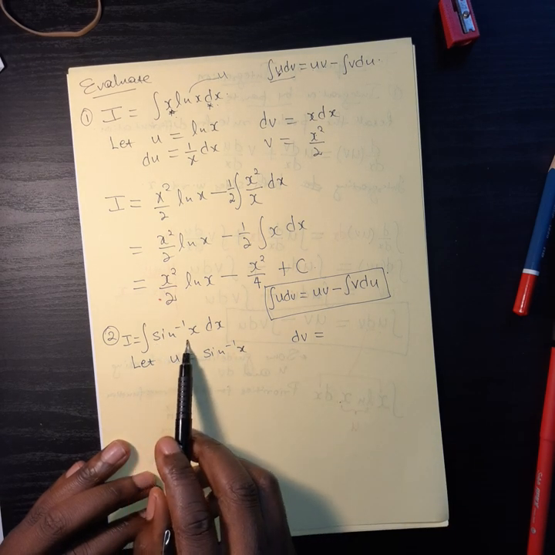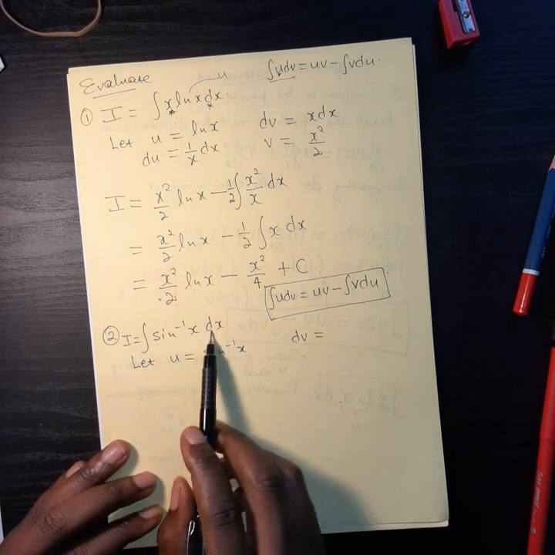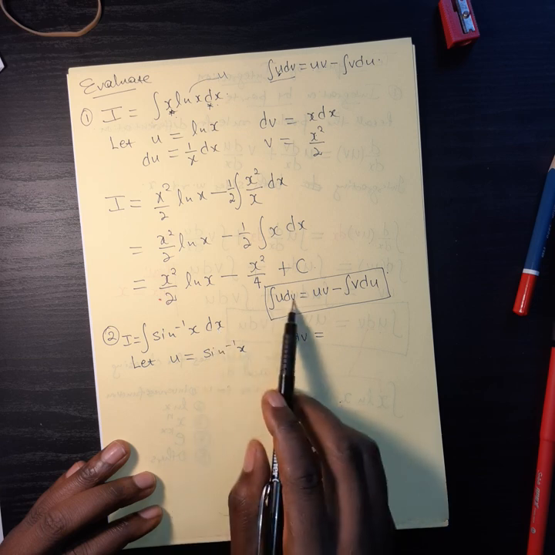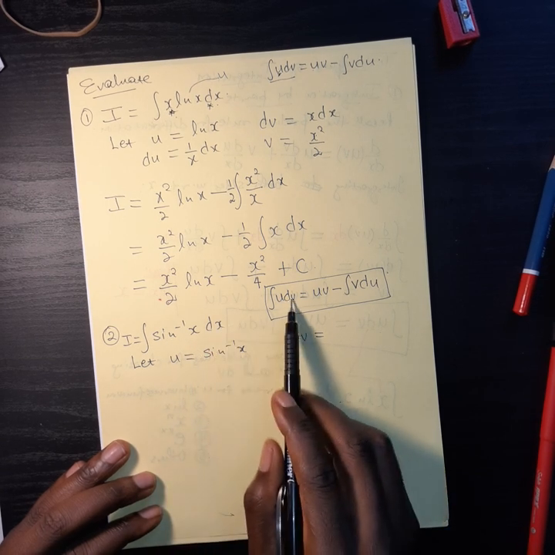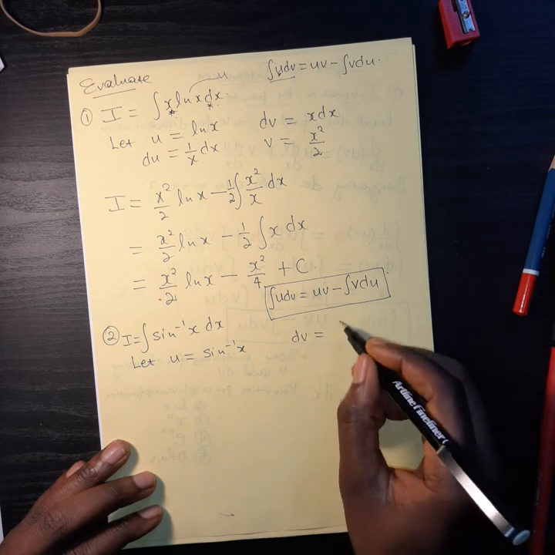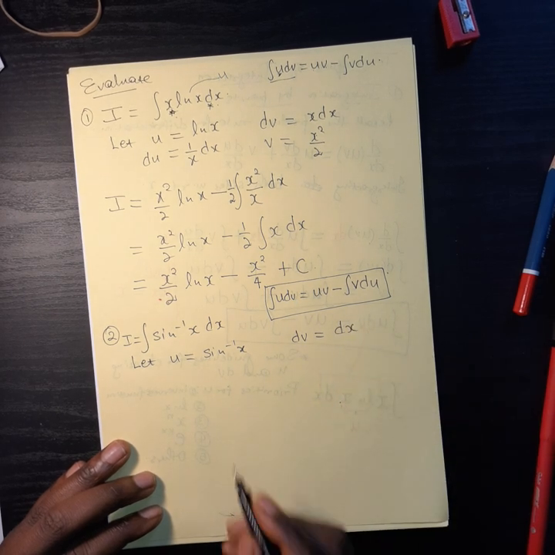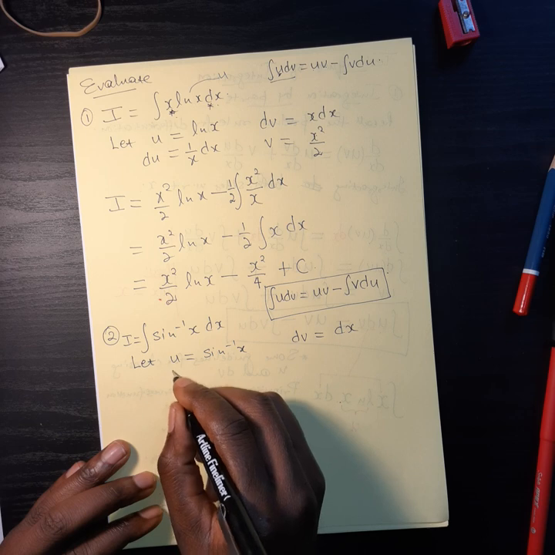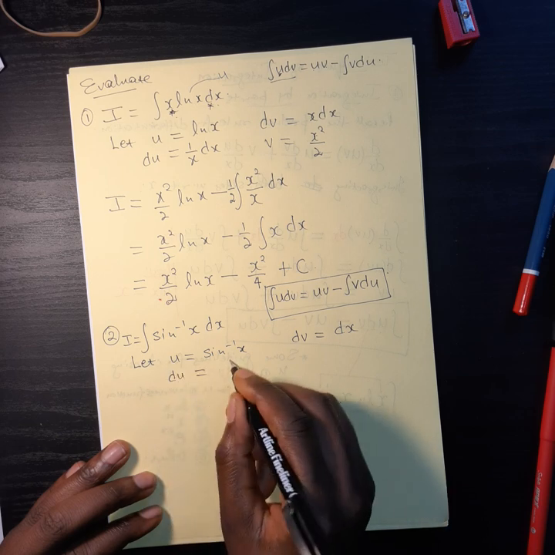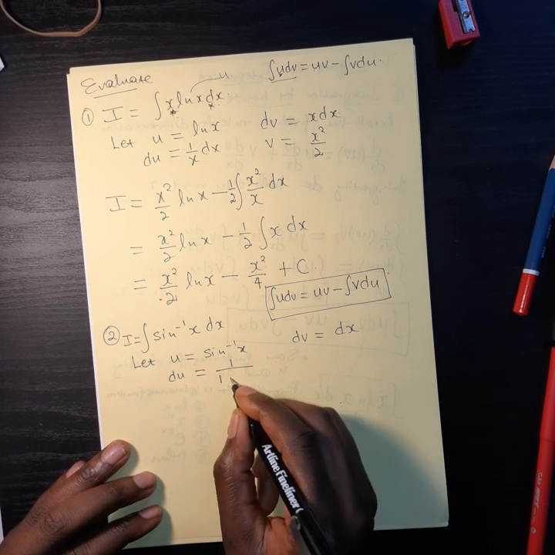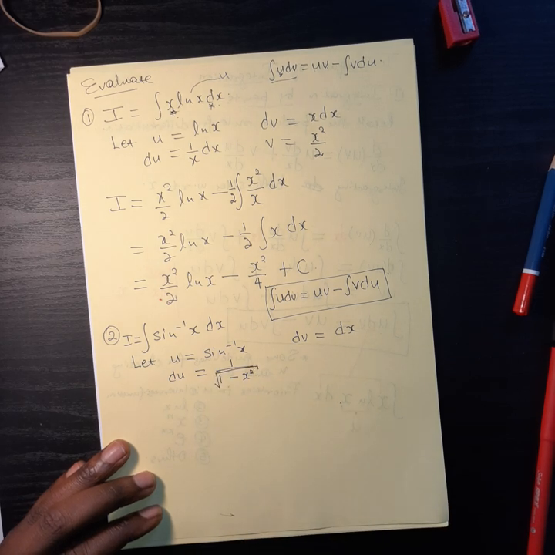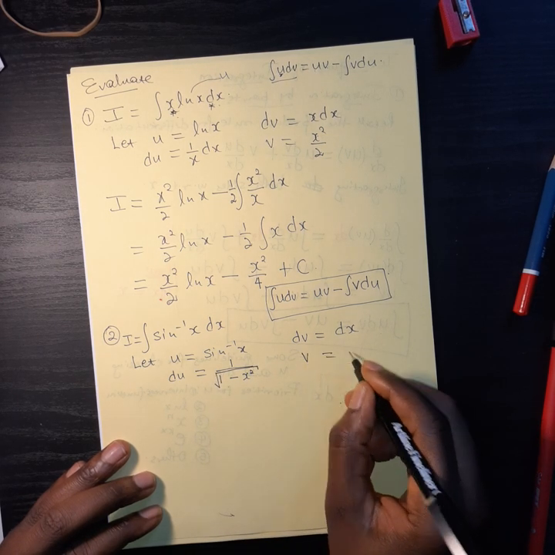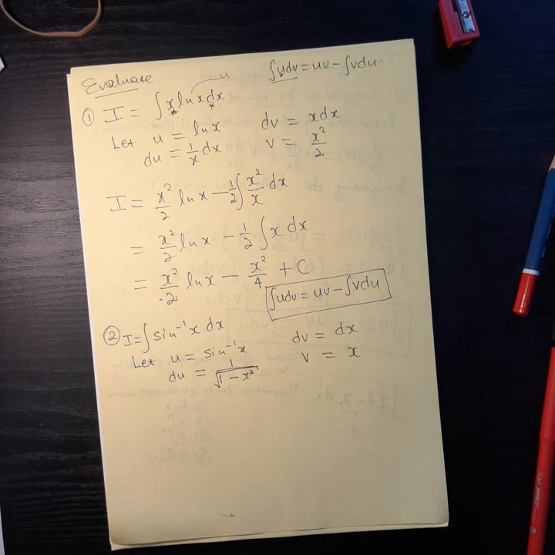If we have taken this to be our u, we are only left with dx, isn't it? U is this part, dx is our dv, so dv is dx. Differentiate this side, you have du dx equal to 1 over the square root of 1 minus x squared. V is equal to x, like that.